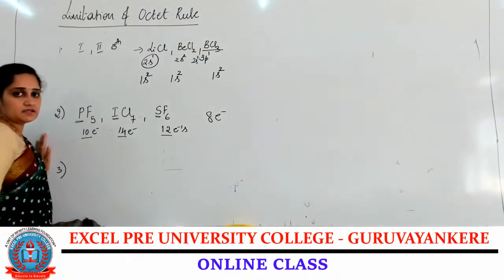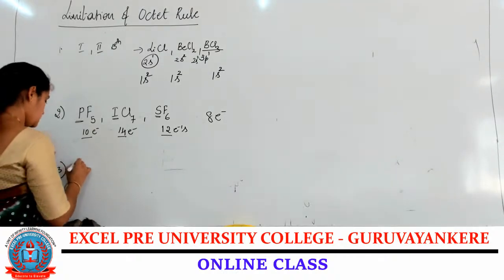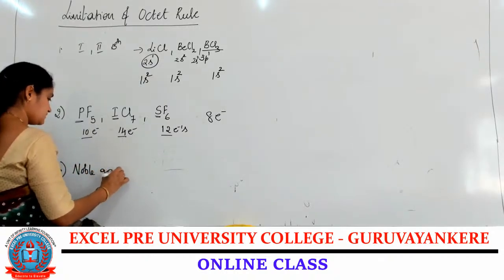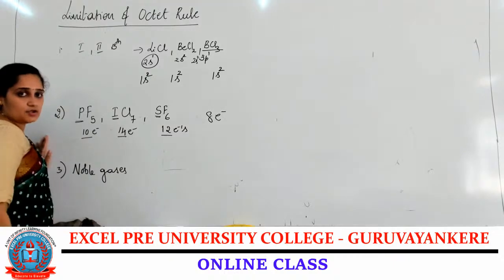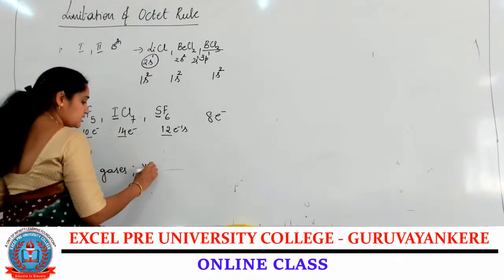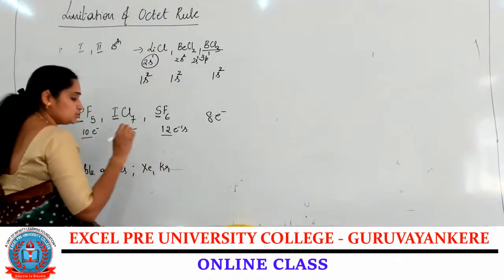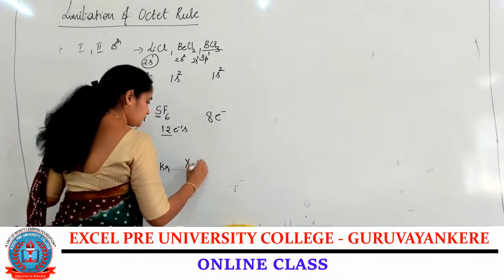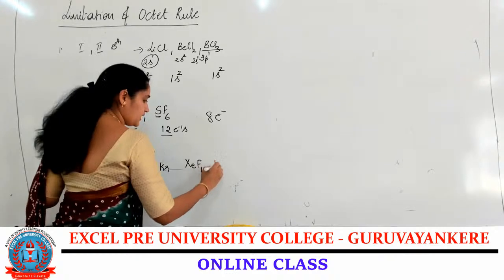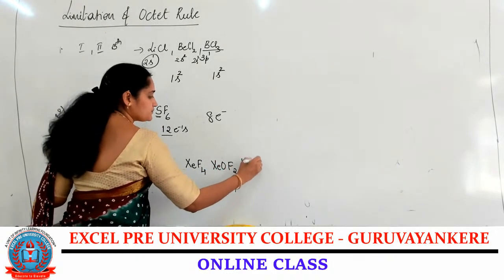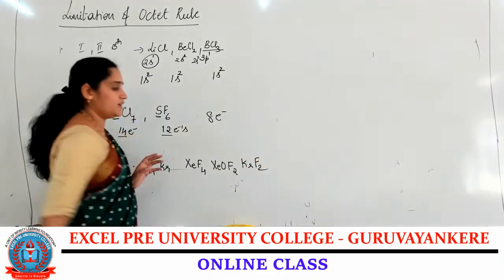Third point. See, we said that noble gases will not be combining with any other elements in the periodic table. Still xenon and krypton, the 2 noble gases, combine with fluorine: it forms xenon tetrafluoride, xenon oxyfluoride, krypton difluoride is formed.